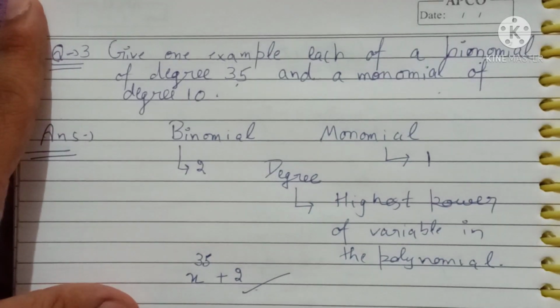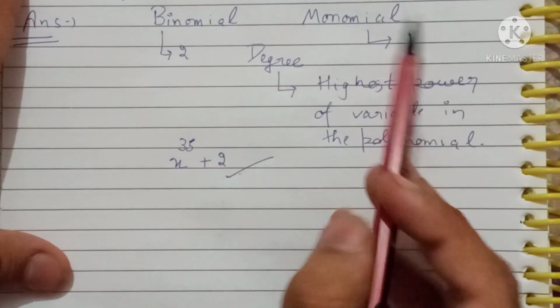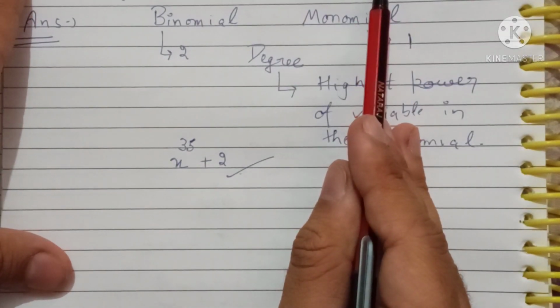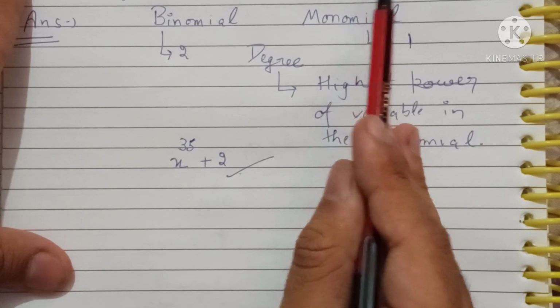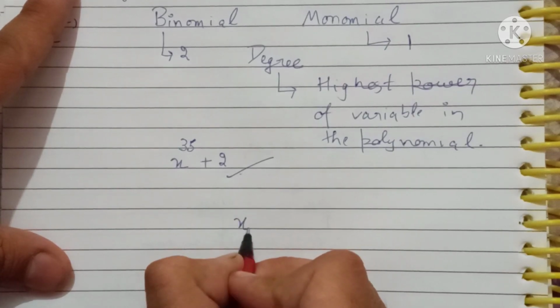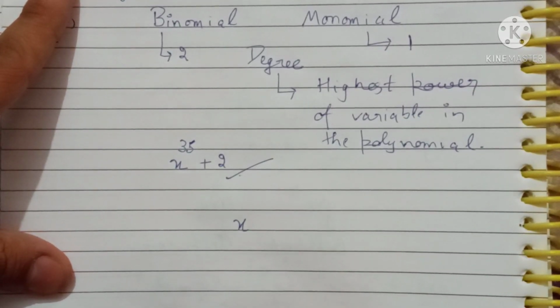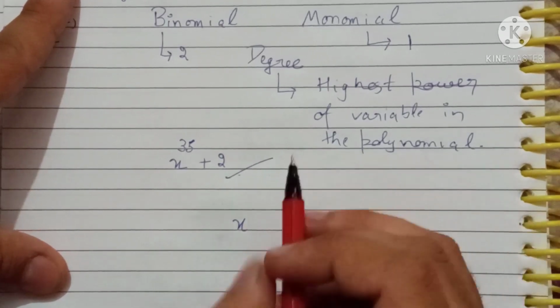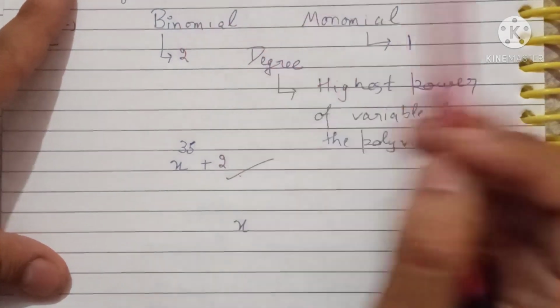And now let's move on to the second part, which is you have to write a monomial of degree 10. Monomial means one term. Let's write x. This is one term. Now you have been asked monomial of degree 10.